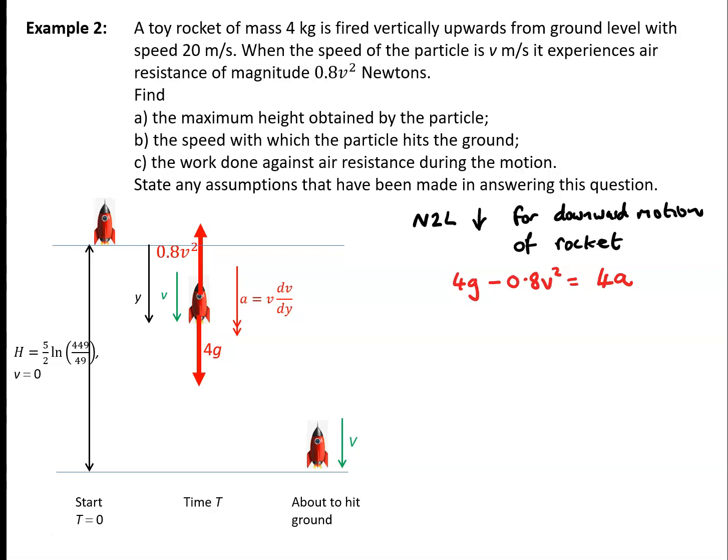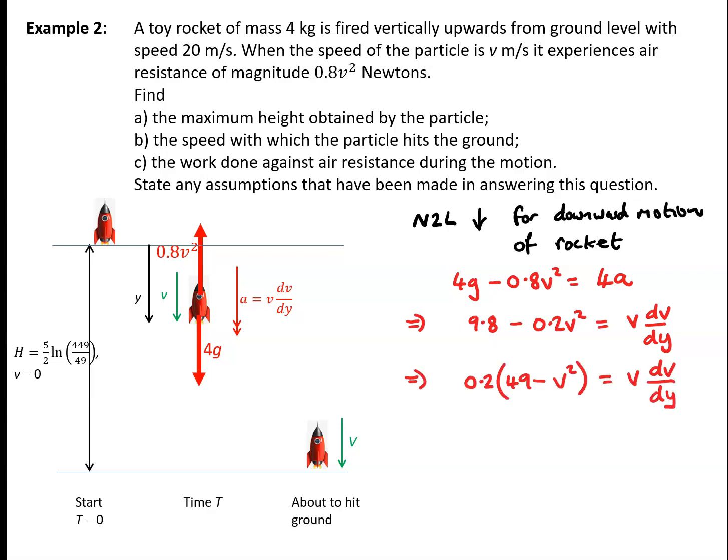Dividing through by 4 gives me 9.8 minus 0.2 v squared is v dv by dy. That's the acceleration term. Or 0.2 times 49 minus v squared equals v dv by dy.